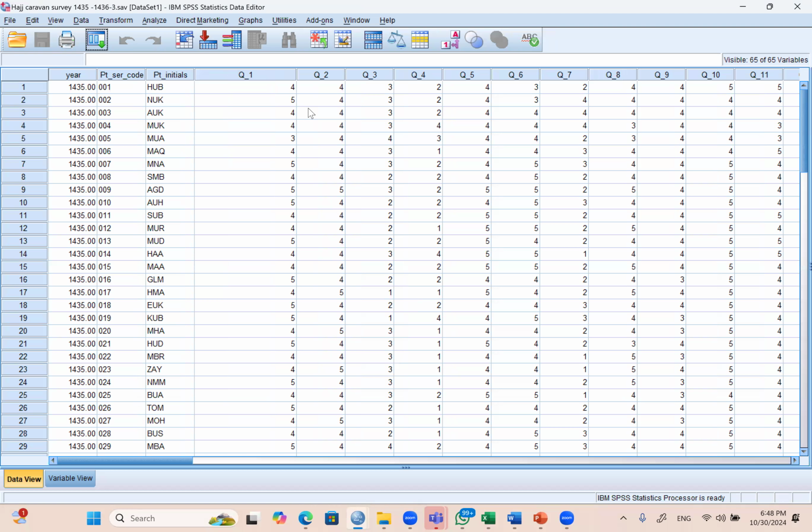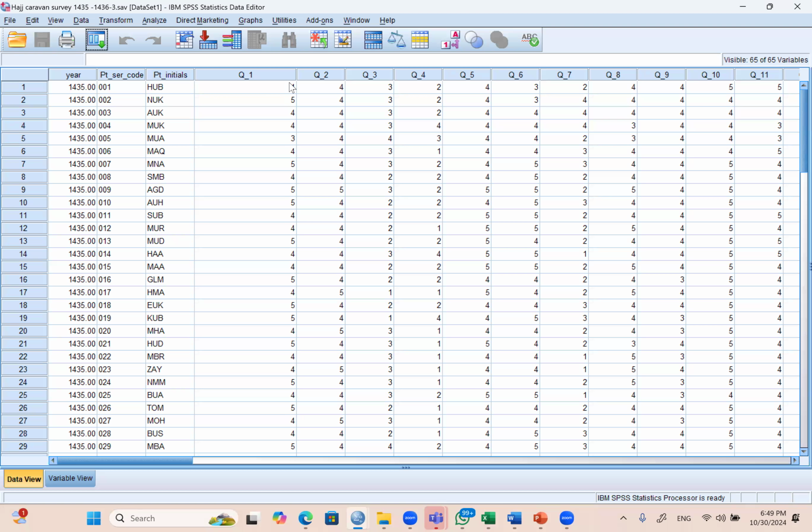Okay, so we have the questions here that we asked in the caravan. Like, for example, information was given to me early enough. I was adequately informed about my rights. Now, let's just imagine that these are not two different questions. Let's imagine that these are two incidents when we ask the same question to the same people on two different occasions.